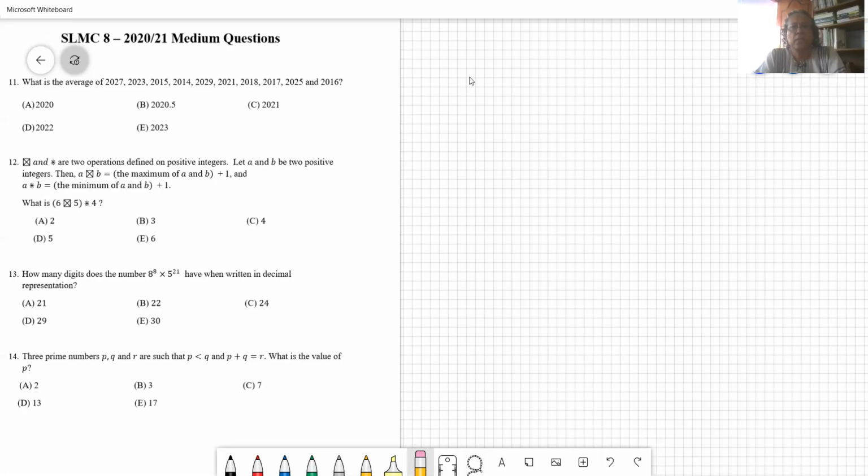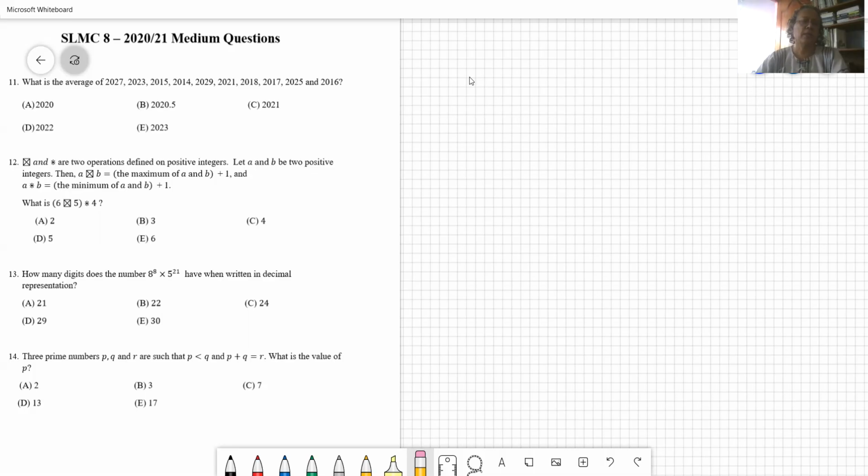The first one is easy, the second one is medium, and the third one is hard. So now, on medium questions, for each correct answer, the students get 6 points, and for no responses, students get 2 points, and for incorrect responses, students get 0 points. So you should mark a response only if you are sure of the response.